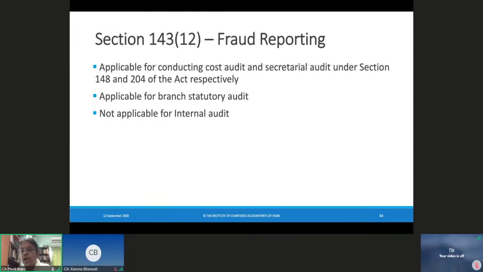We wouldn't know, if he is getting a payoff or a kickback or whatever you call it, and that amount is not reflected in the books and accounts. An auditor is unable to detect such a fraudulent act, because such kickbacks or payoffs were not recorded in the books of accounts.